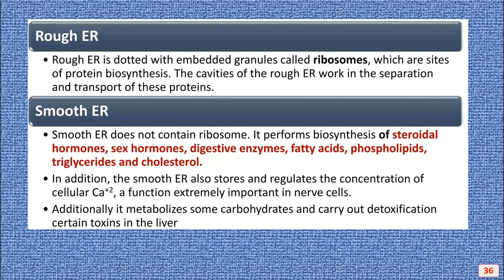In addition, the smooth ER also stores and regulates the concentration of intracellular calcium, and calcium homeostasis is maintained by the endoplasmic reticulum.